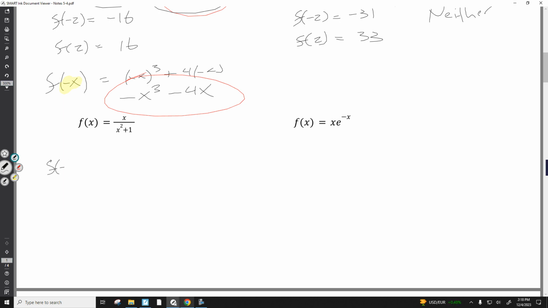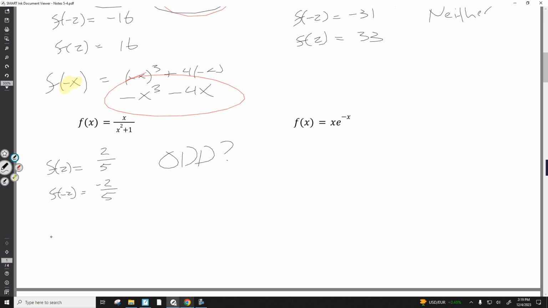Now, team, just using 1 point and its opposite does not guarantee you are correct for all of them. 2/5, -2/5. Opposite x's, opposite y's. Yo, it looks like it's odd.